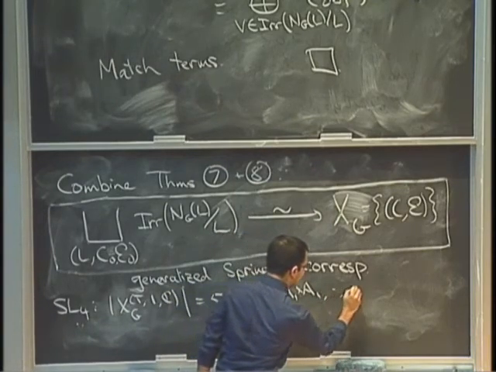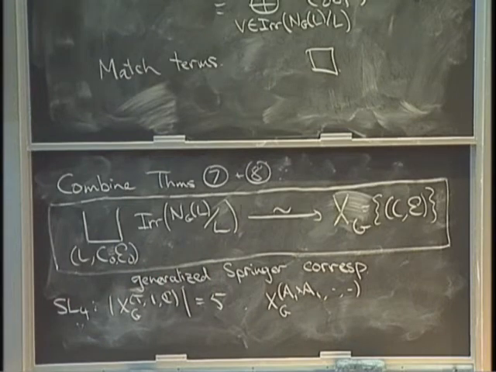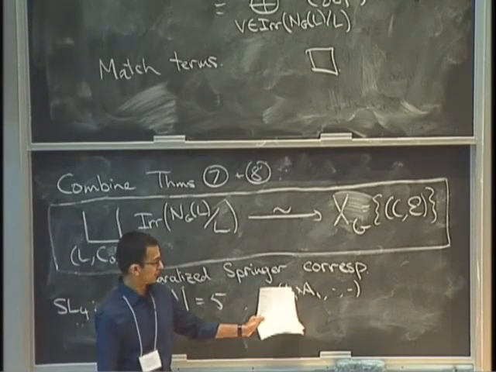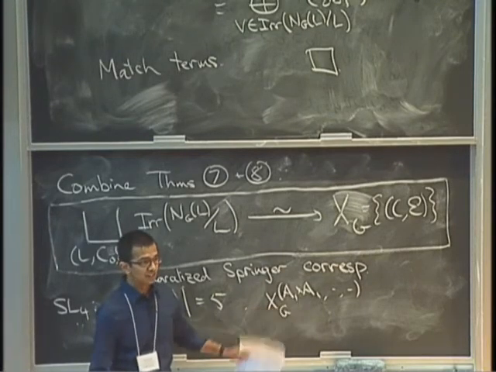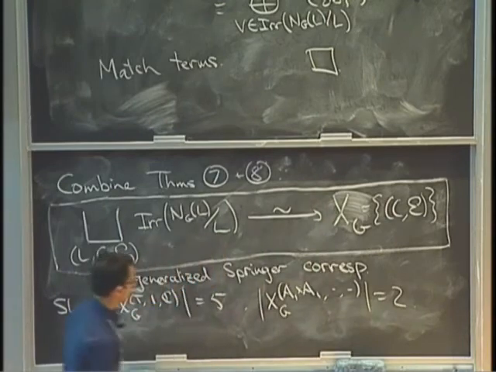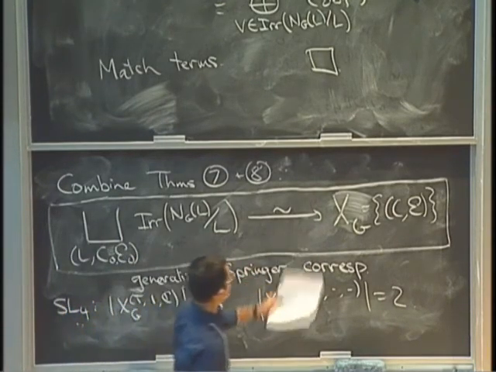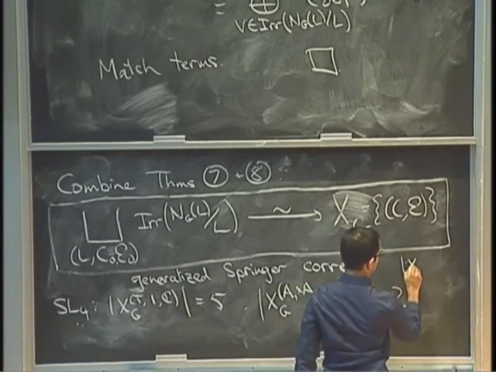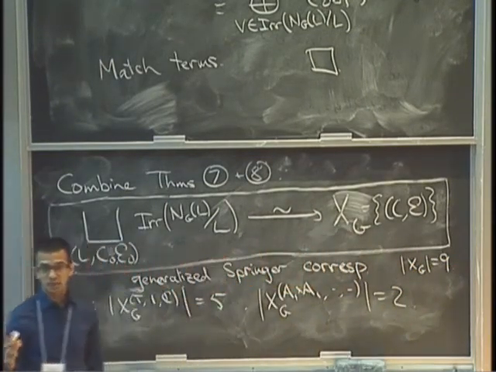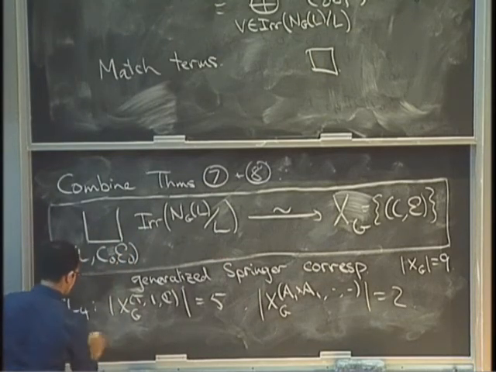I won't bother with notation for that. What happens in this case, you could sit down and compute NG of L mod L for this Levi, and it's Z mod 2. So it has 2 representations, so you get 2 pieces there. And then what's left is that there are 2 left. So I told you that the total size of this is 9. So there are still 2 missing, and those 2 missing are both cuspidal. So they fit in a piece by themselves on this left-hand side.